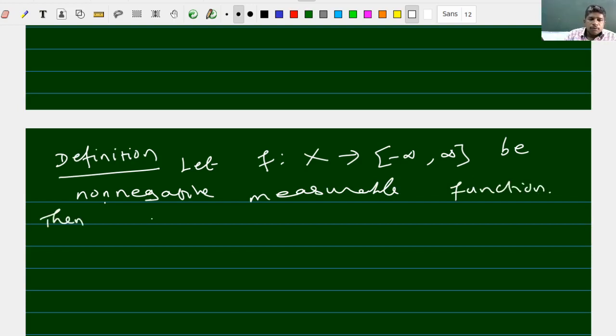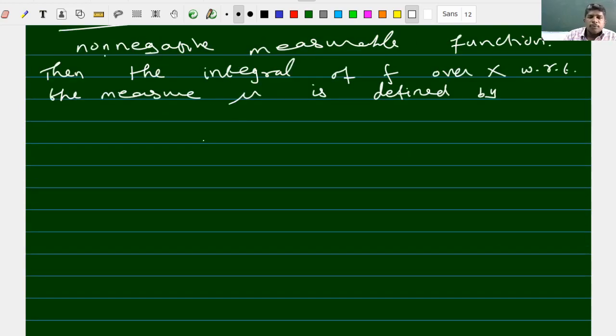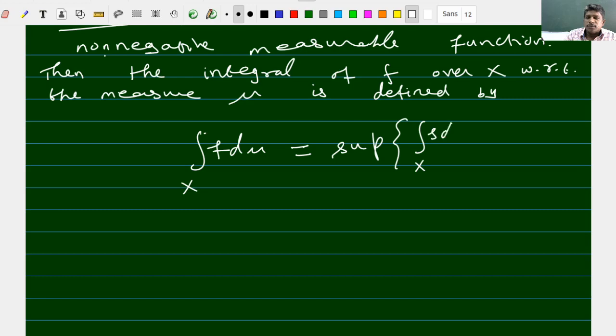Then the integral of f over X with respect to the measure mu is defined by the integral over X of f d mu equal to the supremum of the set of real numbers, the integral over X of s d mu, the supremum taken over all non-negative simple measurable functions s less than or equal to f.